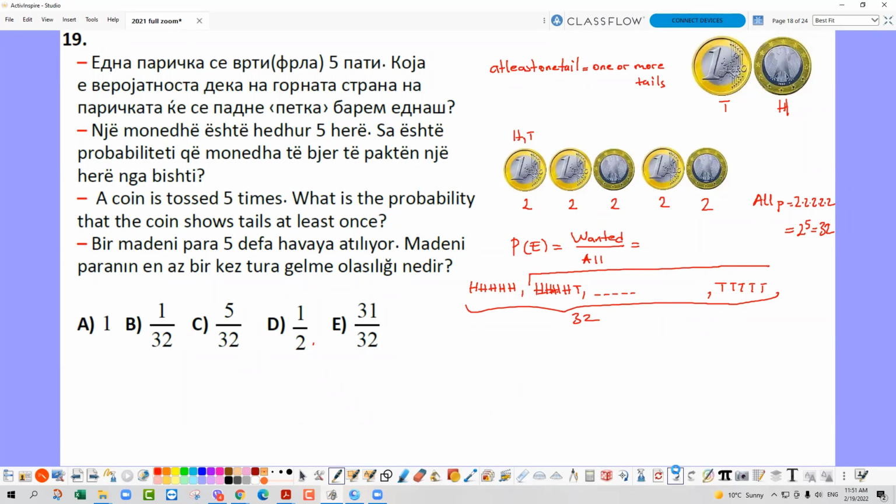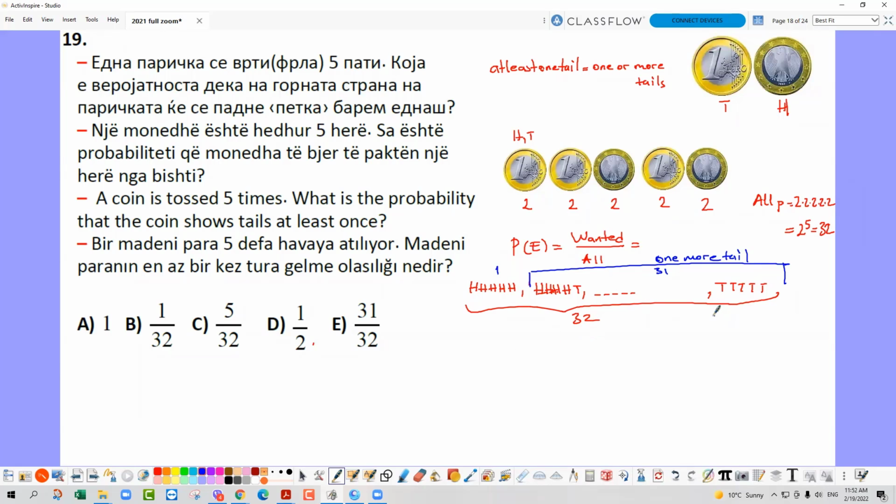Let me do it with a different color. This is one or more tails. If there are 32, there are 31 one-or-more-tail cases, because only the case without tail is where all of them are heads. So this is 1 plus 31, that makes 32.